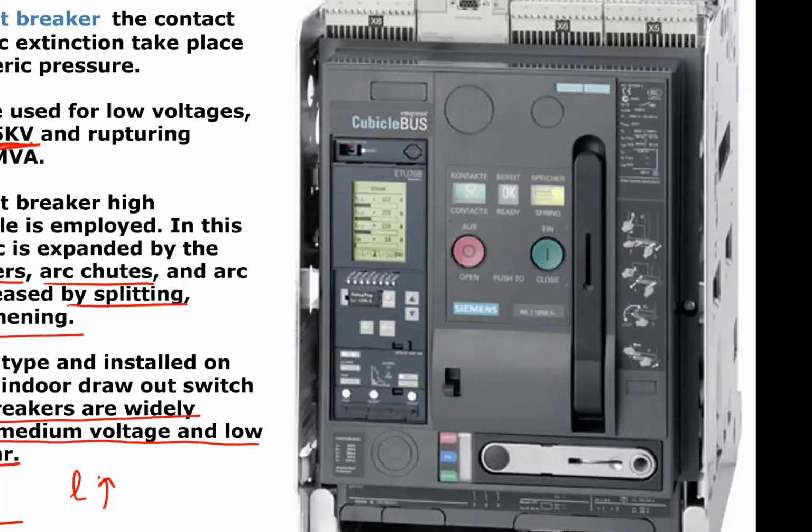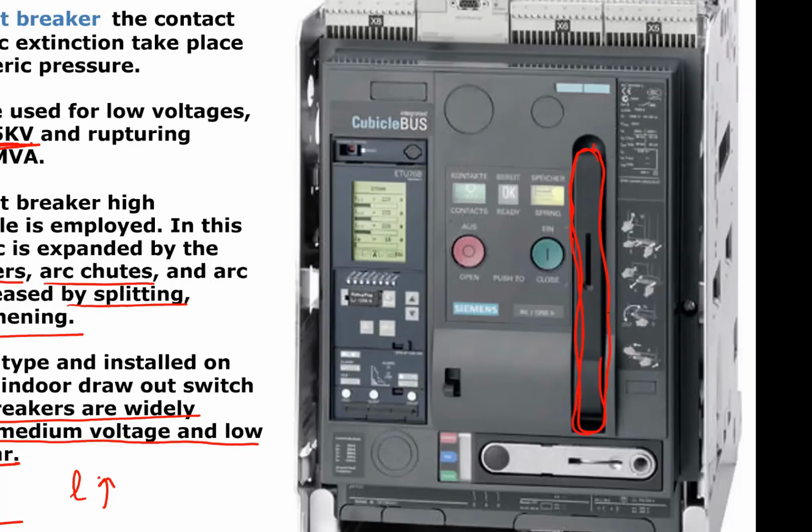In the image you can see that the green button is the on button and the red button is the off button. There is a display which will show the settings as well as parameters, depending upon the type of circuit breaker you have purchased. Here this rod you can use manually for spring charge.